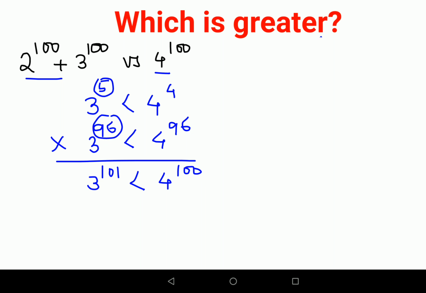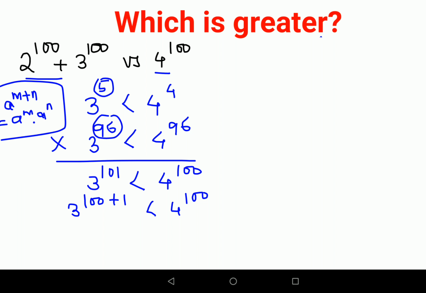Now I can write this 3 raised to 101 as 3 raised to 100 plus 1, which is still smaller than 4 raised to 100. Let's split this, because as you know, a raised to m plus n can also be written as a raised to m into a raised to n.